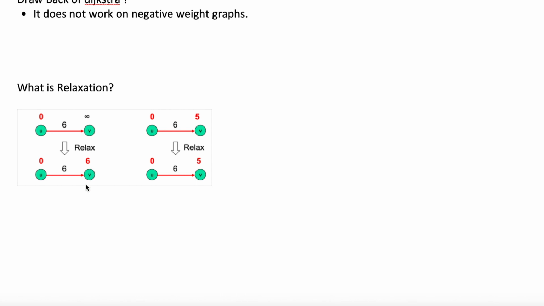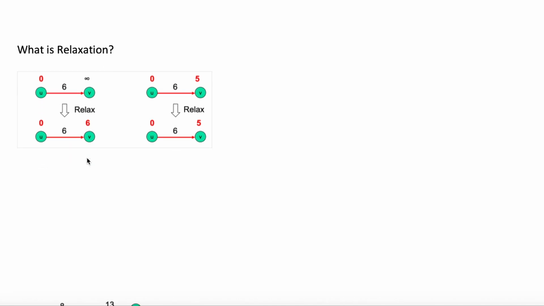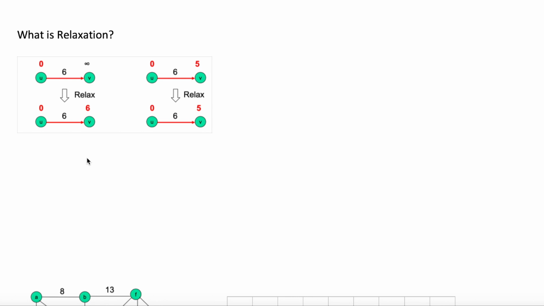So the next time I go, I would use that path instead of my longer path. So I have relaxed it from 600 miles to 500 miles. This is what is called relaxation. Whenever we find a better shortest path, we will relax it from the previously found value. This is what we use in finding the shortest path in the Dijkstra algorithm.